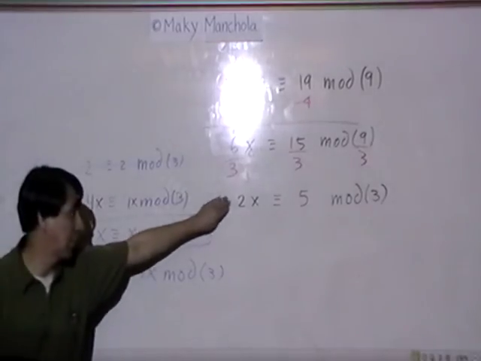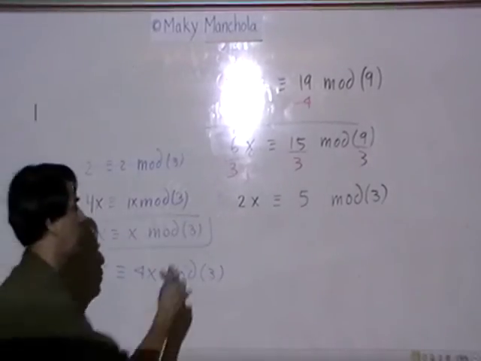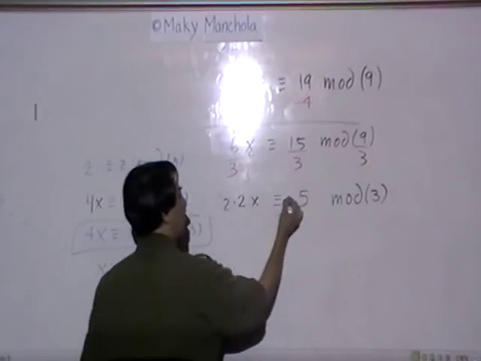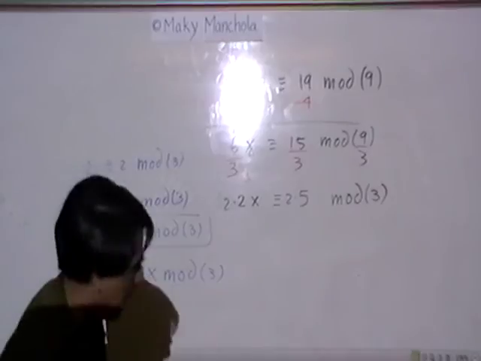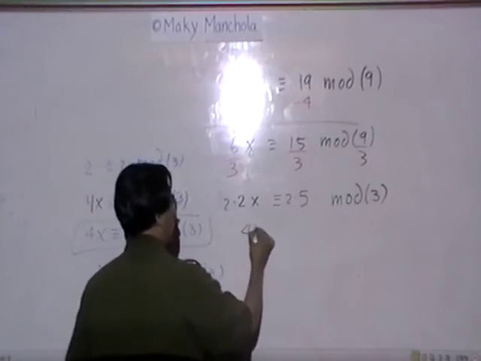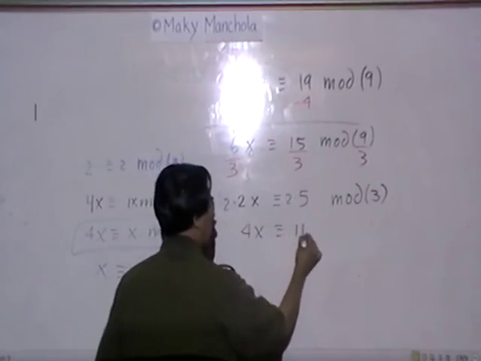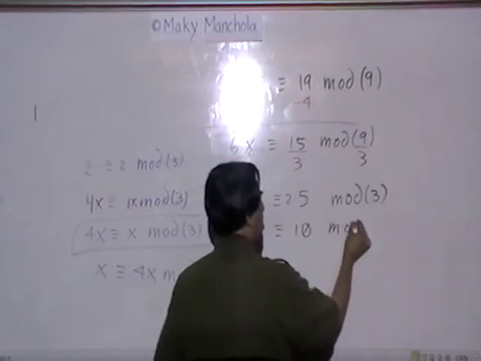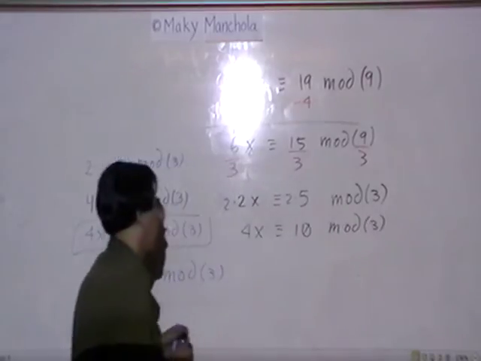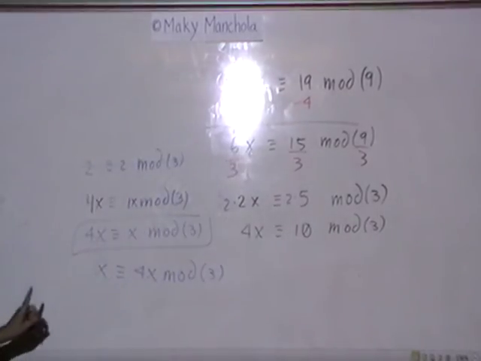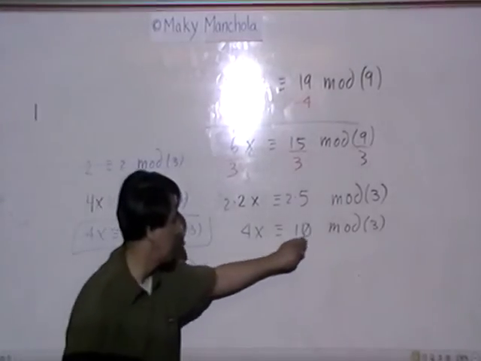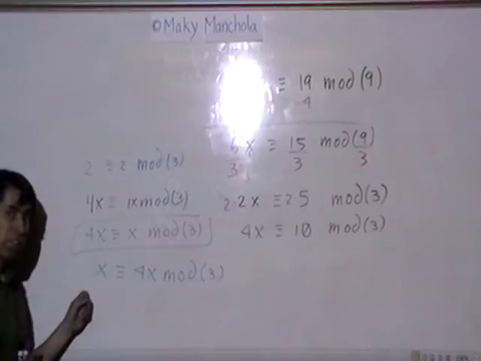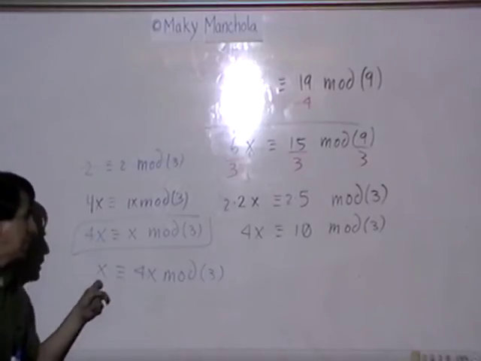Well, I don't have 4x in here, so let's multiply both sides by 2 to make it happen. Multiply by 2, multiply by 2. So we get 4x is congruent to 10 mod 3. Oh, notice x is congruent to 4x, 4x is congruent to 10. By the transitive property for congruence, then x is congruent to 10.